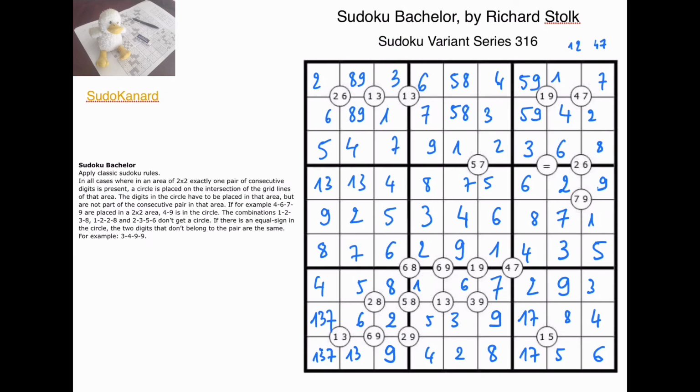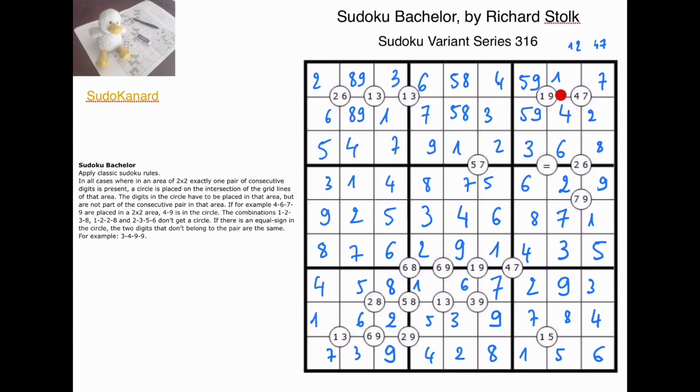No. Or here? Here? No. Oh yes. If I put a 1 here, then there must be a circle here. So 1 can't go here, that's a 7. This is a 1, this a 3, this a 7, and this a 1. Okay. So now this part is resolved.